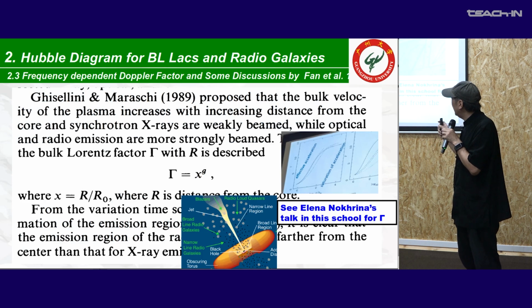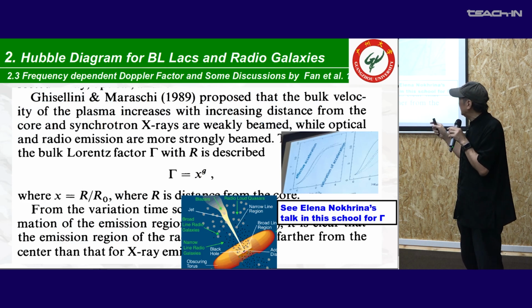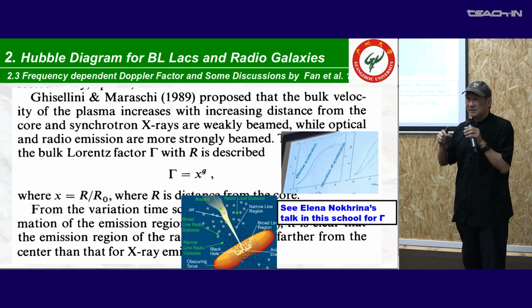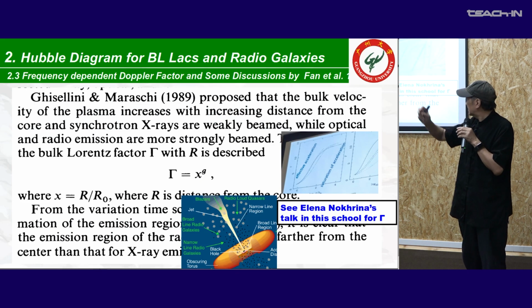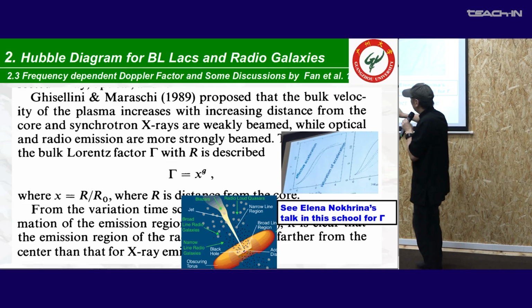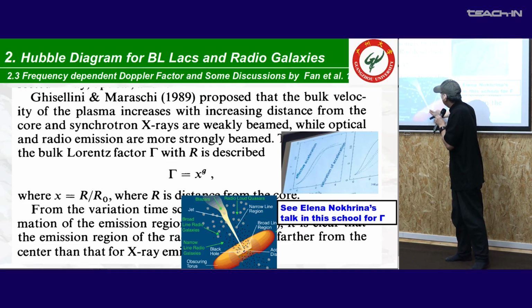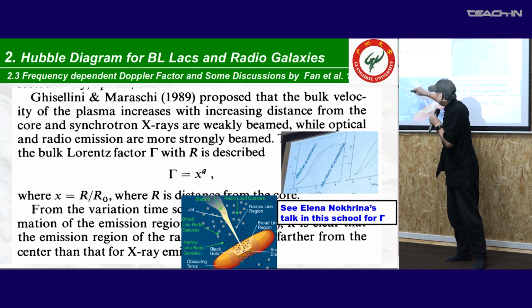Actually, in 1989, Ghisellini proposed that the bulk velocity increases with distance, that the gamma increases with distance.